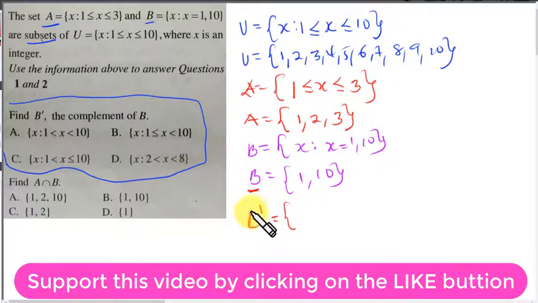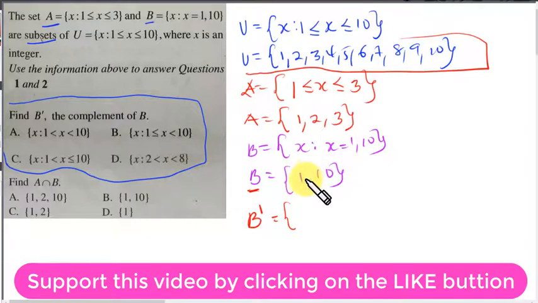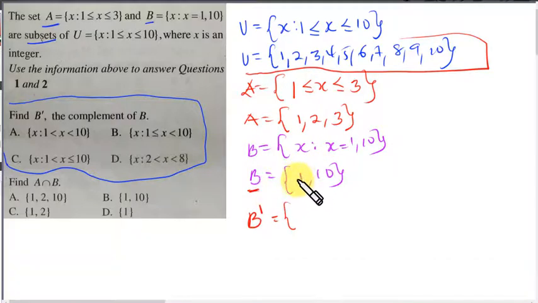In B we find only 1 and 10, so the rest are 2, 3, 4, 5, 6, 7, 8, and 9. These are the elements that are not found in B. So this is B complement.